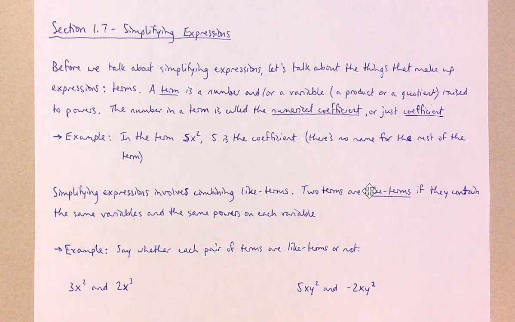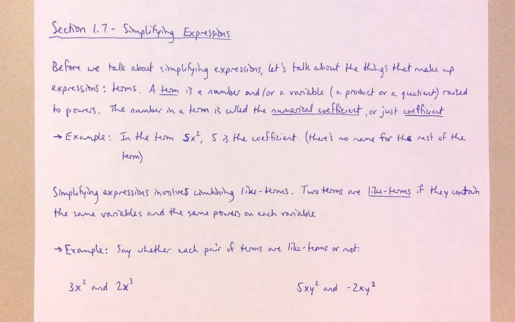If your term contains a number, then the number in a term is called the numerical coefficient, or more commonly, you'll just hear it called the coefficient. So just a quick sample of what I'm saying here. In the term 5 times x squared, or x raised to the second power, 5 is the numerical coefficient, or just the coefficient.